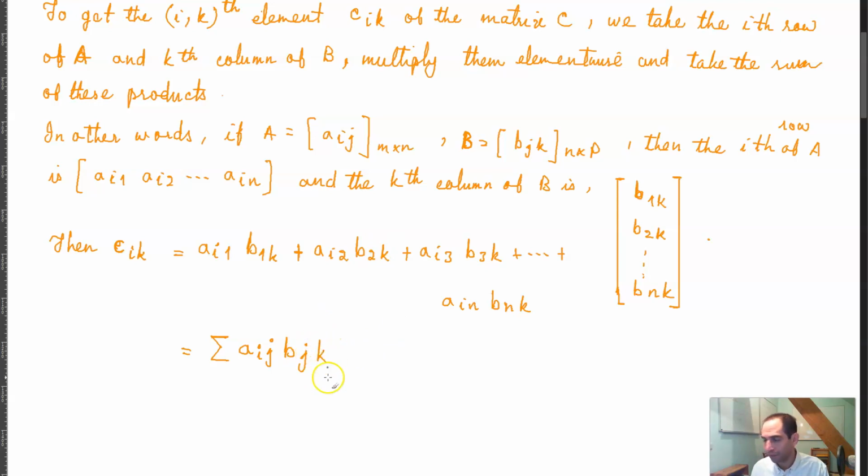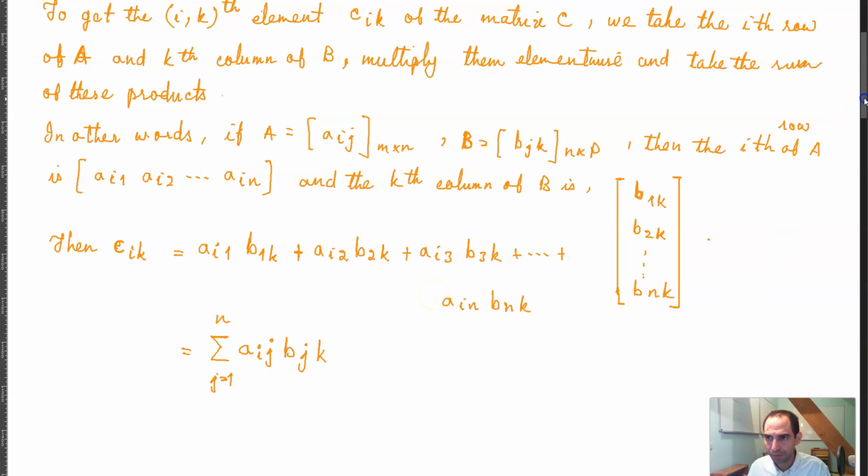And since we said that J was changing from 1 to N, then you can write sigma of this expression as J goes from 1 to N, right?